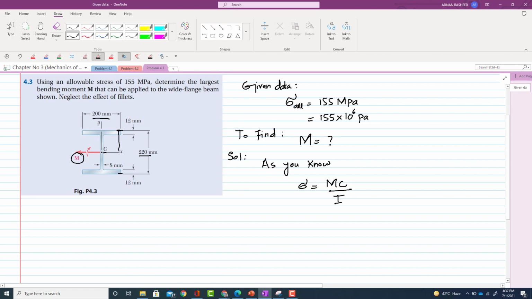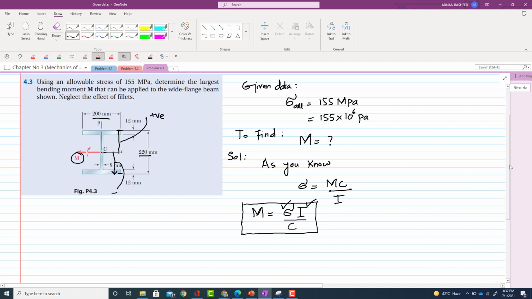This is C and this is also C, but it is downward, so we will take this distance as negative and this distance as positive. From this we have to calculate M. So M will be equal to sigma into I divided by C. Basically this is the formula from which we can get the moment. The stress is given, which is sigma allowable. We do not know I, and C will be calculated from this figure.